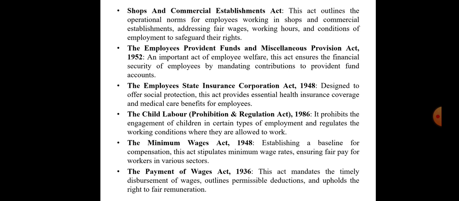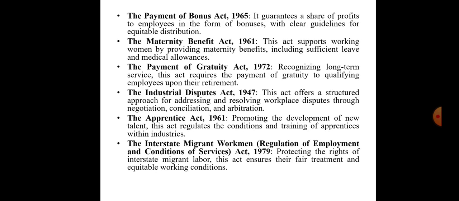Like that, many different compliances or acts have been listed: the Shops and Commercial Establishment Act, the Employees Provident Fund and Miscellaneous Provisions Act, the Employees State Insurance Act, the Child Labor Prohibition and Regulation Act, the Minimum Wages Act, the Payment of Wages Act, the Payment of Bonus Act, the Maternity Benefit Act, the Payment of Gratuity Act, the Industrial Disputes Act, the Apprentice Act or Apprenticeship Act, and the Interstate Migrant Workmen Regulation of Employment and Conditions of Service Act.